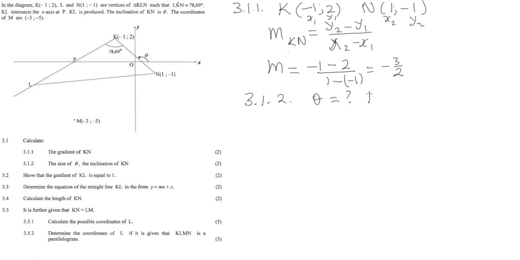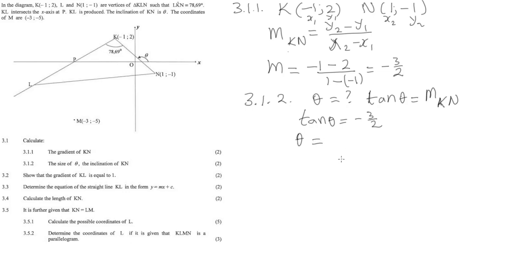So tangent theta will be equal to the gradient of KN. So we say theta is the arctan of the gradient of KN. Tangent theta will be equal to minus 3 over 2. So now you go to your calculator to find theta.